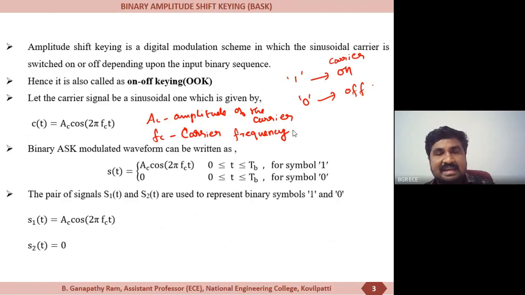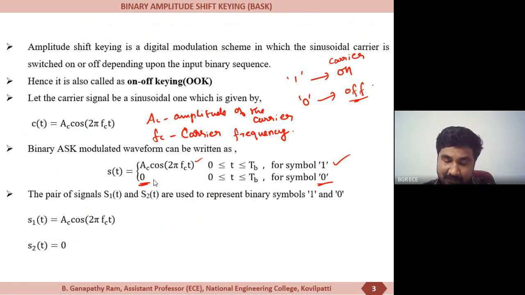Hence, the BASK modulated waveform can be written as: if the transmitted binary symbol is 1, then c(t) is transmitted, that is, the carrier is on. If the binary data is 0, then the carrier is off, so a zero signal is transmitted.